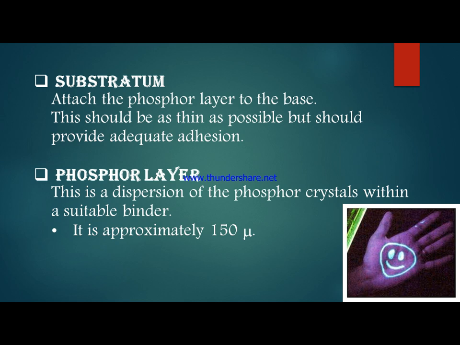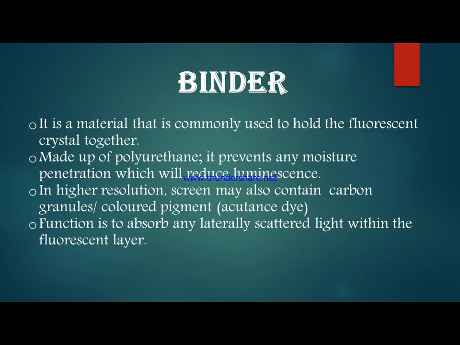The phosphor layer is a dispersion of phosphor crystals within a suitable binder. It is approximately 150 microns. The binder is a material which is commonly used to hold the fluorescent crystals together. A binder is made up of polyurethane and prevents any moisture penetration, which would reduce the luminescence.